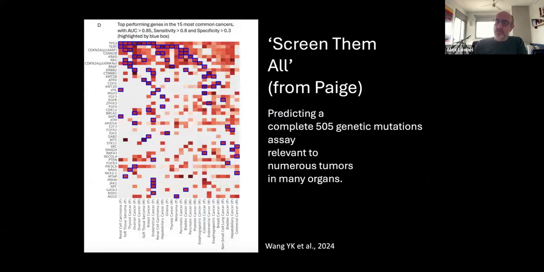With foundation models, you can also build a model that can predict directly from the H&E a complete panel of more than 500 genetic sequencing results over many types of genetic mutations for many types of cancer. So imagine that you don't have to pay a lot of money and wait a long time to get the results for your patient or for research. You can just take the H&E, put it in the model, and immediately get the full panel of genetic mutations.